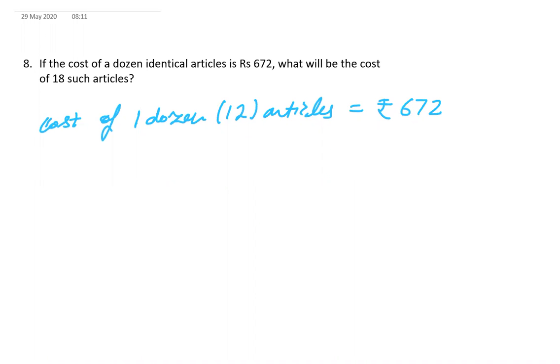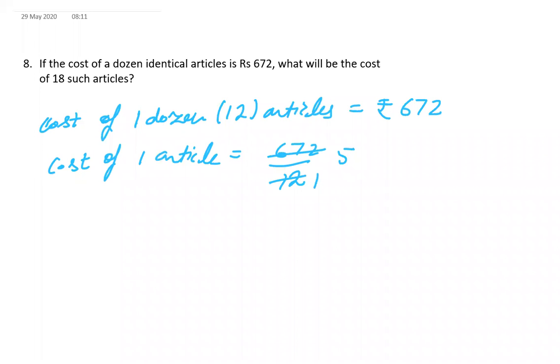But before finding the cost of 18 articles, find the cost of one article. So cost of one article is equal to 672 divided by 12. So 12 ones are 12, 12 fives are 60, 7 carry 72, 12 sixes are 72. So 56 rupees. Rupees 56, this is the cost of one article, beta.